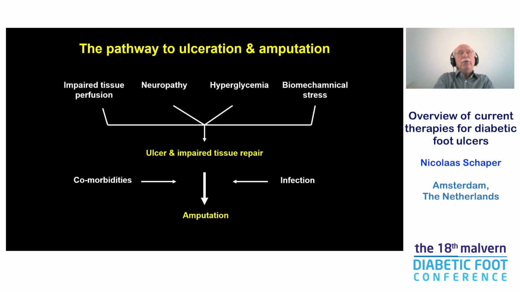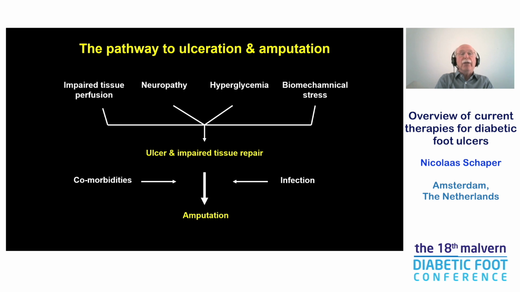So if we talk about therapy of diabetic foot ulcers, of course, you always have to keep in mind that the pathway to ulceration and amputation can vary from patient to patient. And this, of course, is based on the work of Andrew Boulton. It usually starts with a combination of various factors.